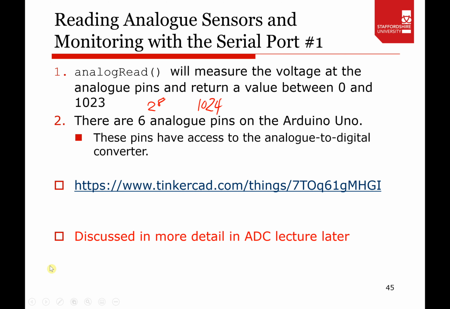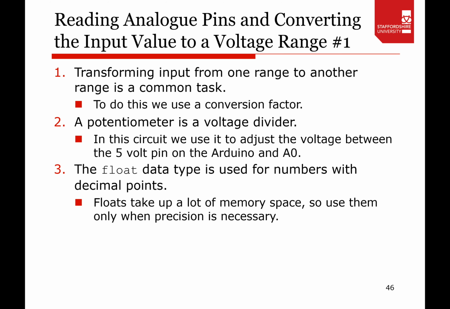Analog to digital conversion will be discussed in more detail in a later lecture. The next one is reading analog pins and converting the input value to a voltage range. Transforming the input from one range to another is a common task.